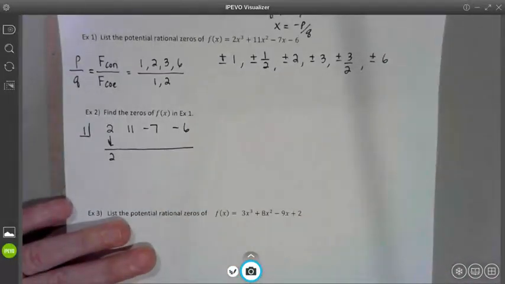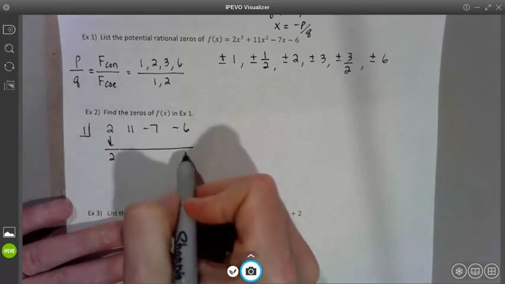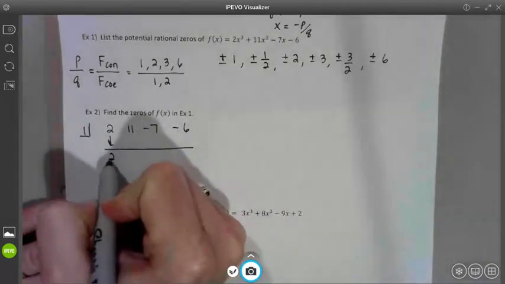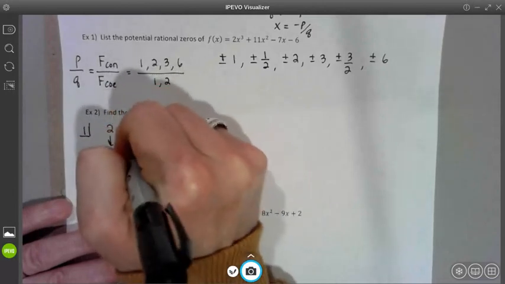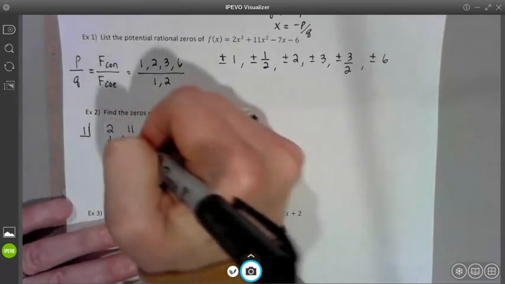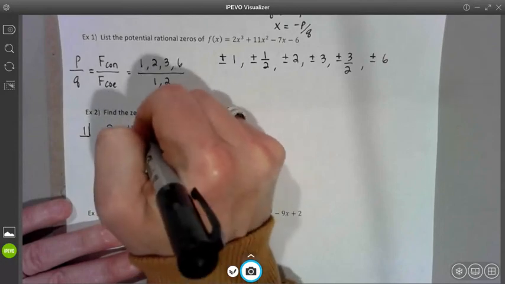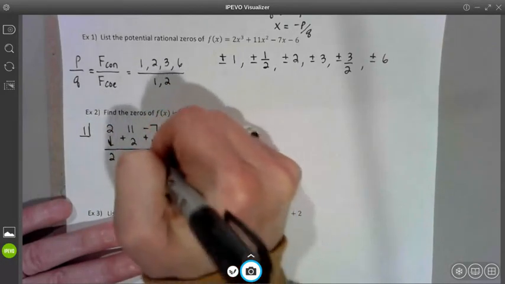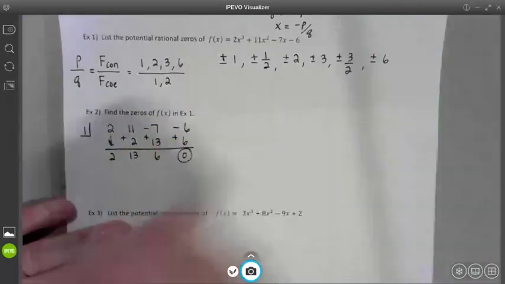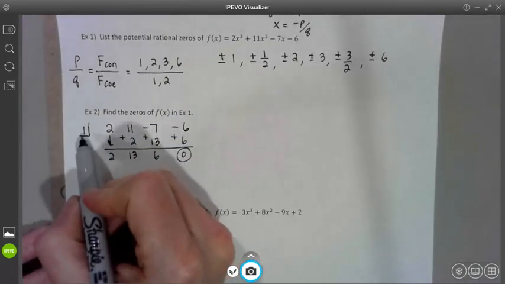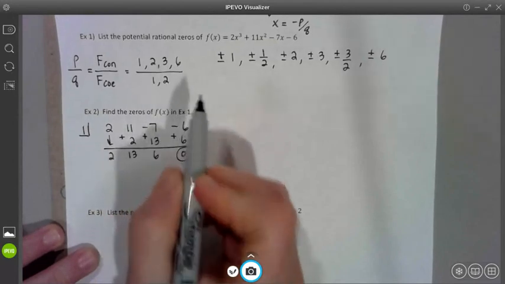All right. So if I do my multiply and adding process, I'm hoping for a remainder of 0. All right. 2 times 1 is 2. 11 plus 2 is 13. 13 times 1 is 13. Negative 7 plus 13 is 6. 6 times 1 is 6. I add, I get 0. So that's my remainder. So that means 1 is a 0 of this polynomial.